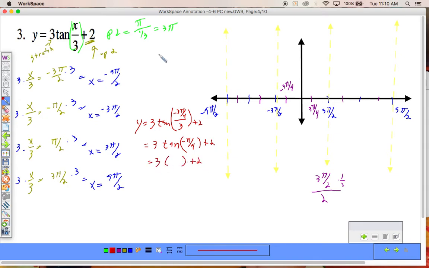We've done this twice already. Negative pi over 4 is down here. My tangent is negative, and the tangent of any pi over 4 is 1. So this piece here becomes a negative 1.